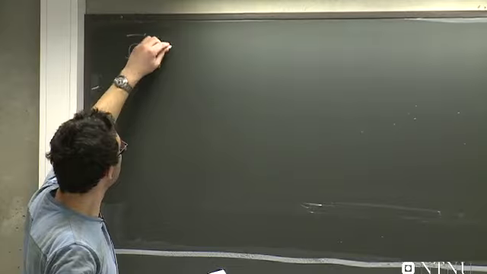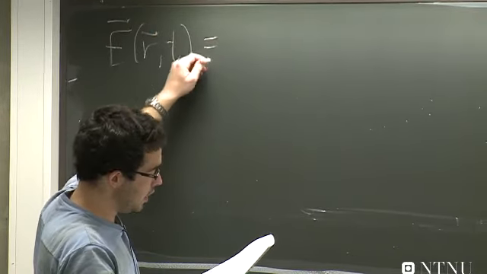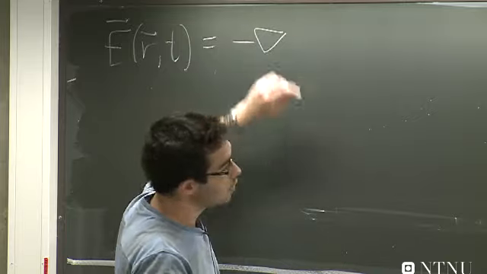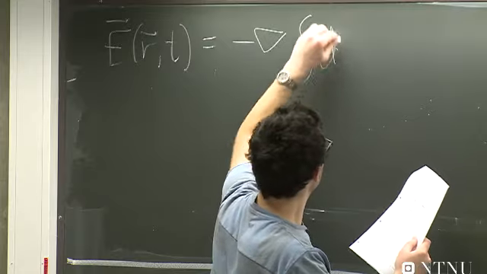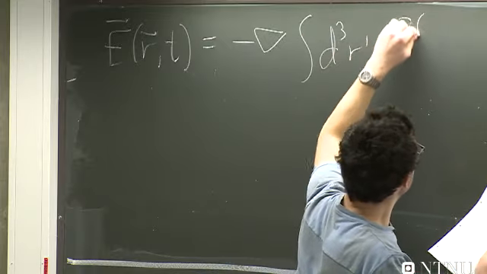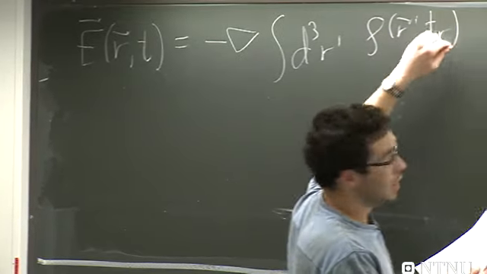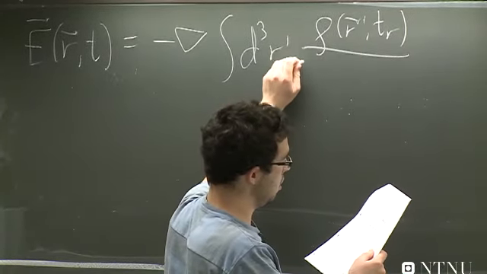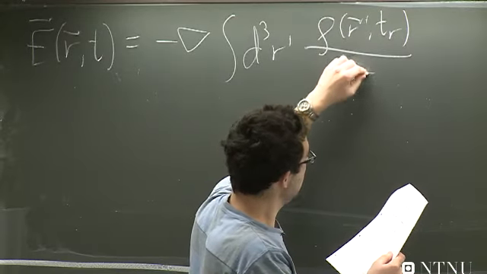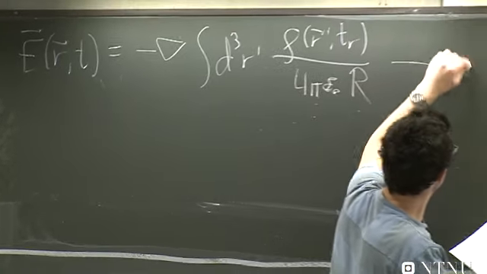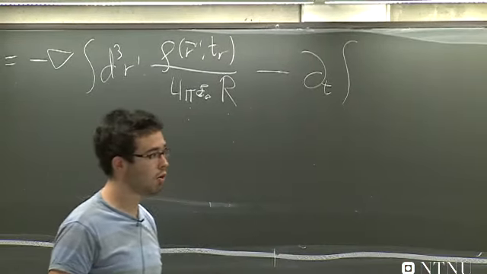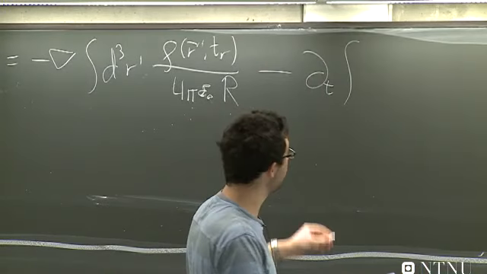Okay, so collecting the two integral terms, I get that the electric field is given as, first of all, the gradient of one integral, which was over the charge distribution, d3 r prime, charge distribution at the retarded time, as we would expect, over 4 pi epsilon naught r, minus the time derivative of the other integral, which was over the current density.